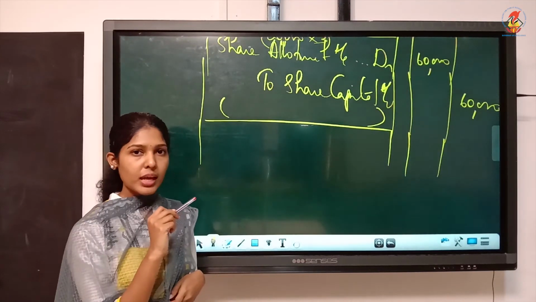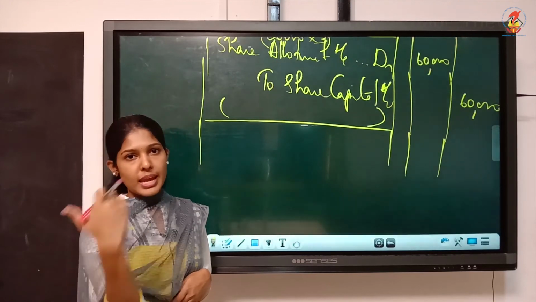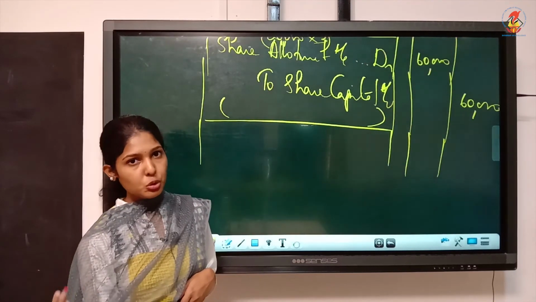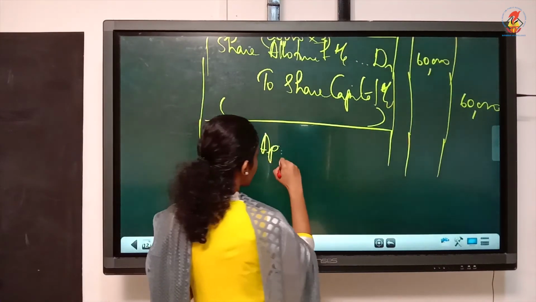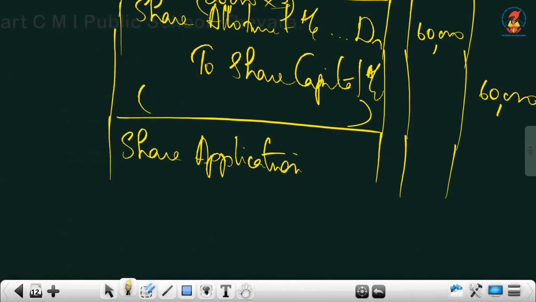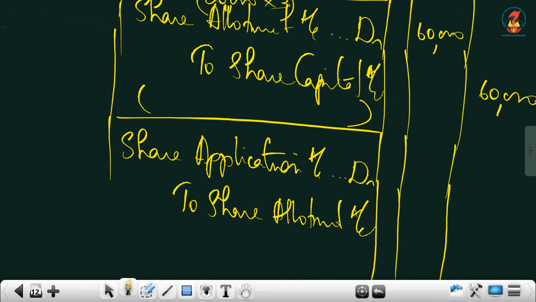And what is pro rata entry? Share application debtor to allotment. Excess application adjusted to allotment. So it is share application account debtor to share allotment account. What is your pro rata figure? Pro rata figure we have computed before.